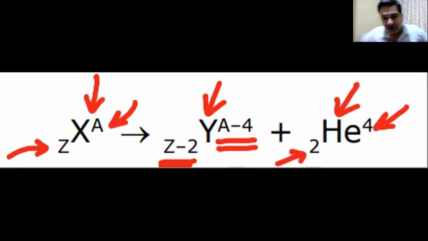Atomic number on this side should be equal to atomic number on this side. Charge on this side should be equal to charge on this side. That's what we get. And this daughter nucleus will be more stable compared to the parent nucleus.